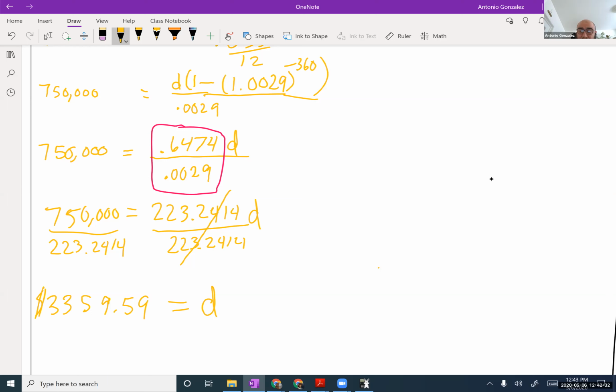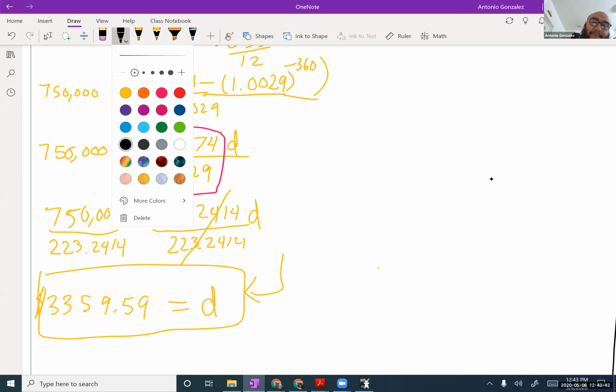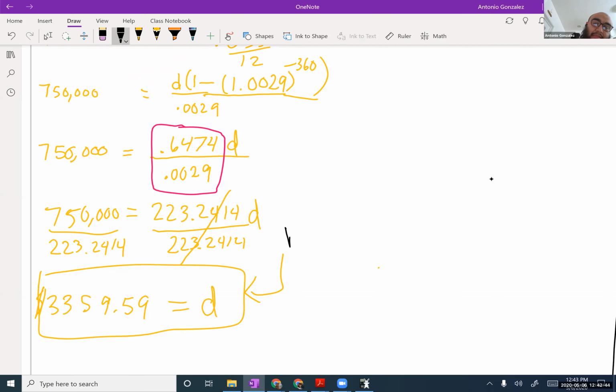So now we found the first part. The first part is done. We found what our monthly payment is. So again, to recap, this here is our monthly payment for our 30-year mortgage.